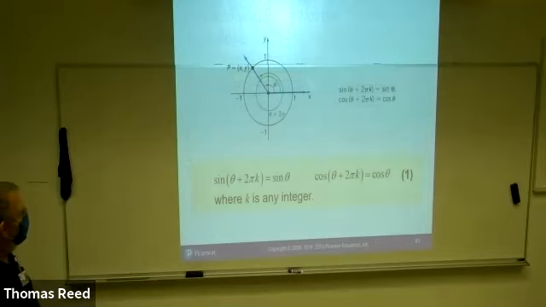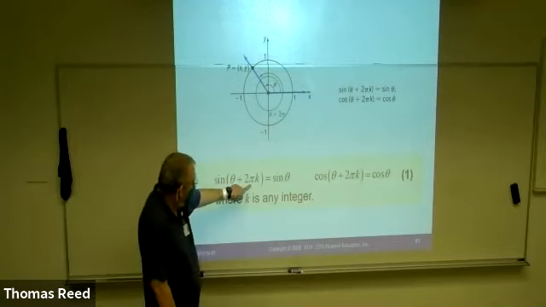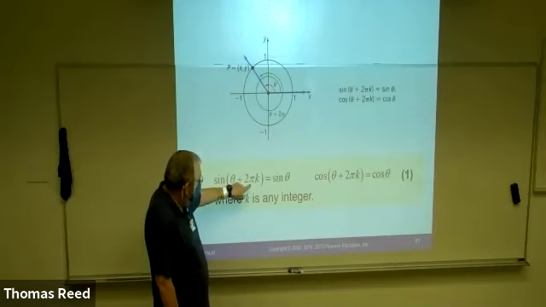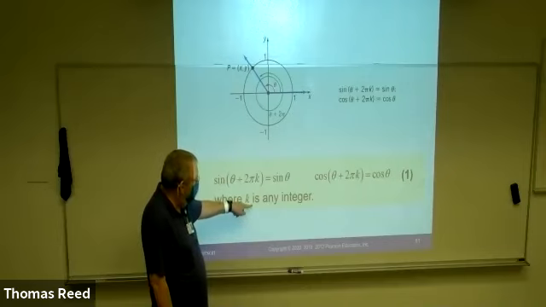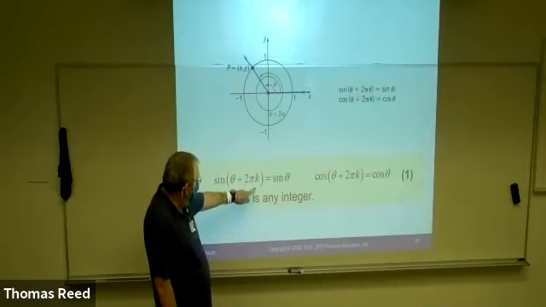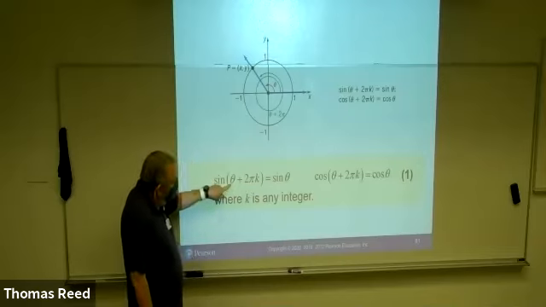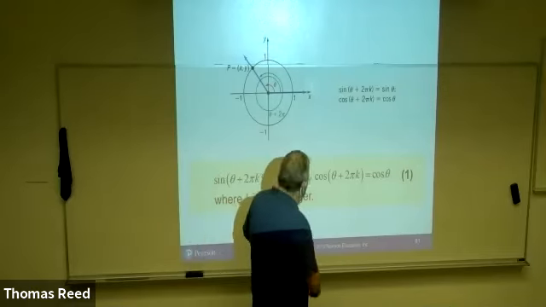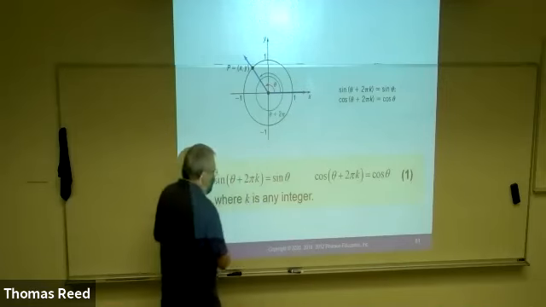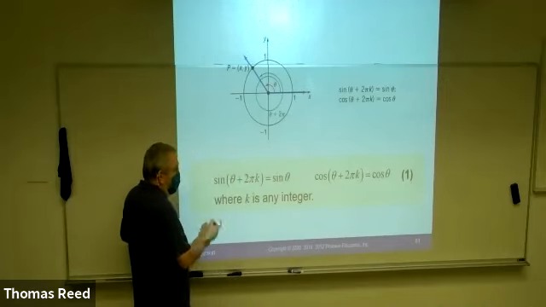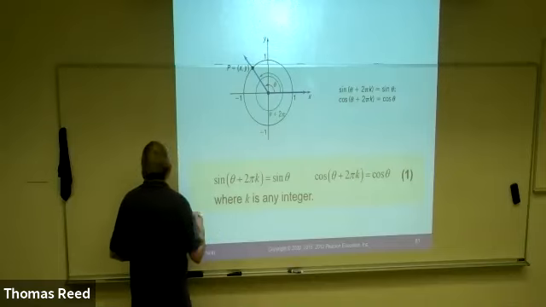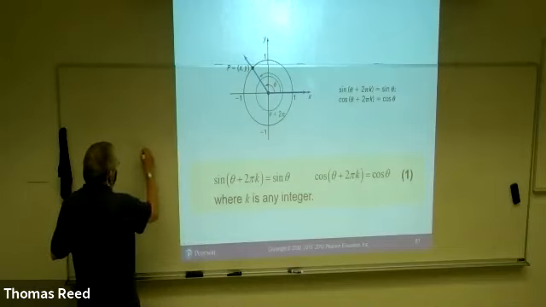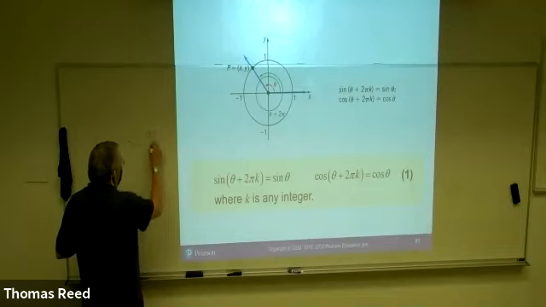And here we have 2 pi k, where k is an integer number, any integer. All right, well, we kind of already saw this, because we were asked questions like what was the sine of 17 pi over 4?